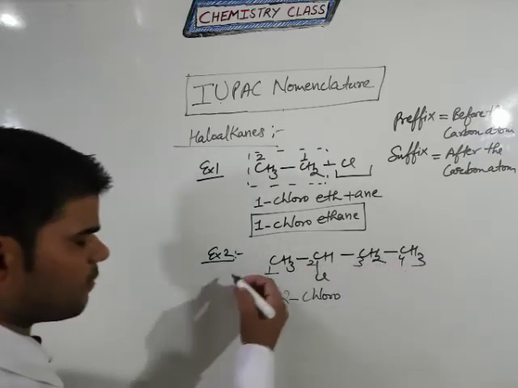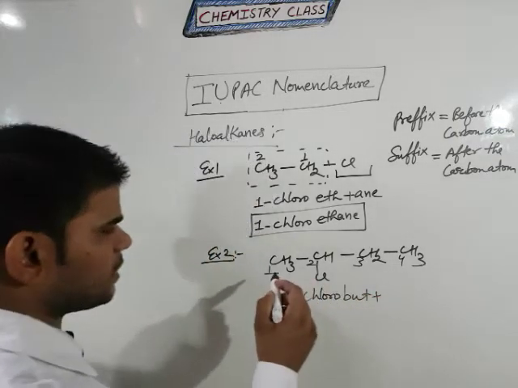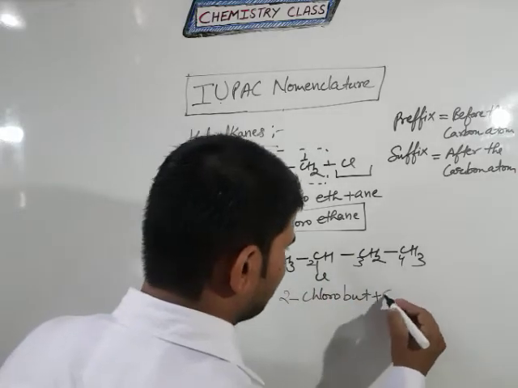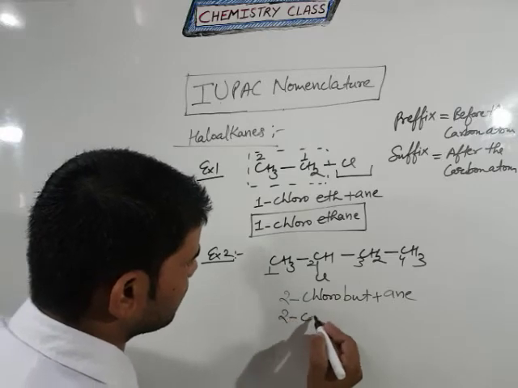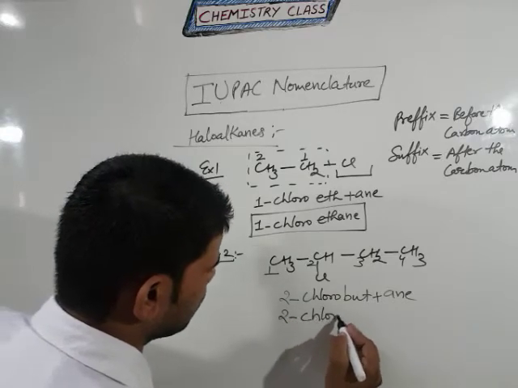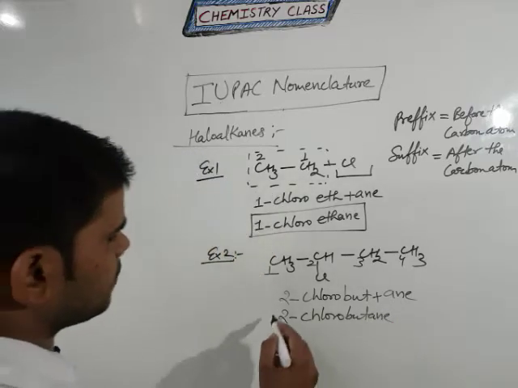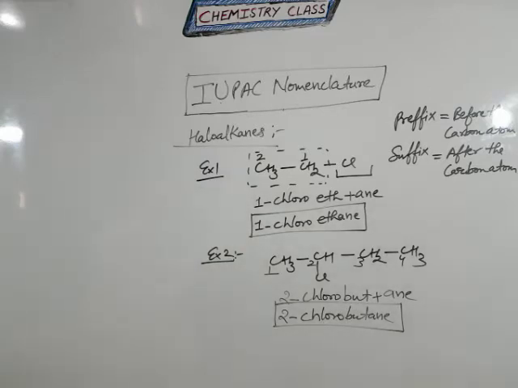And how many carbon atoms? 4. So 4 means but, and check the carbon series, it has only single bonds, that's why take -ane. So the final name is 2-chlorobutane. Clear? This is our final name for example 2.